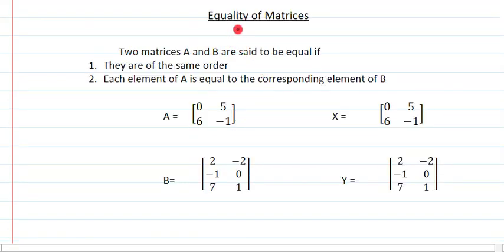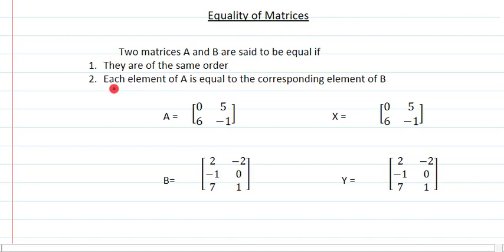Next topic of the chapter is equality of matrices. Two matrices, let us say A and B, are said to be equal if, number 1, they are of the same order. That means the number of rows and number of columns in the two matrices should be equal.